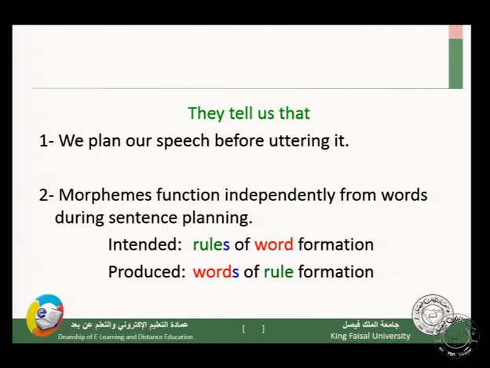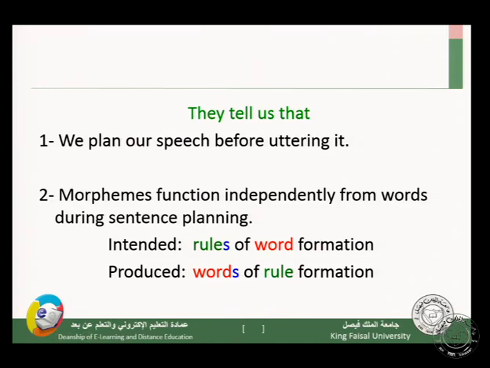How do the slips of the tongue tell us that they function differently? We can tell this by looking at the produced speech, which is observable. The produced utterance is words of rule formation. Here we have the plural s, which has appeared in the wrong place.